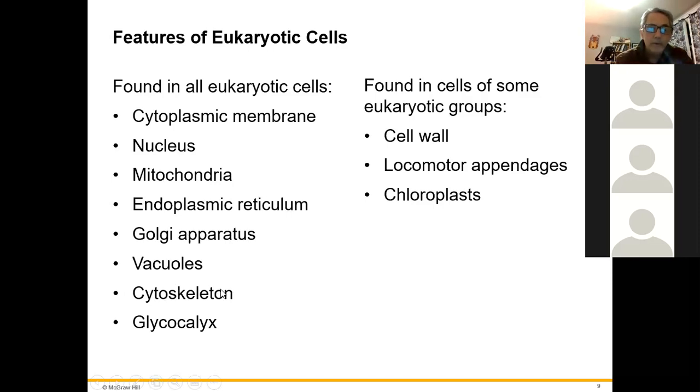A cytoskeleton made of actin proteins, and single-celled ones can have a glycocalyx. Some eukaryotes can have cell walls. They can have appendages for movement like flagella. They can have chloroplasts. Obviously, the plants and algae have chloroplasts for photosynthesis.